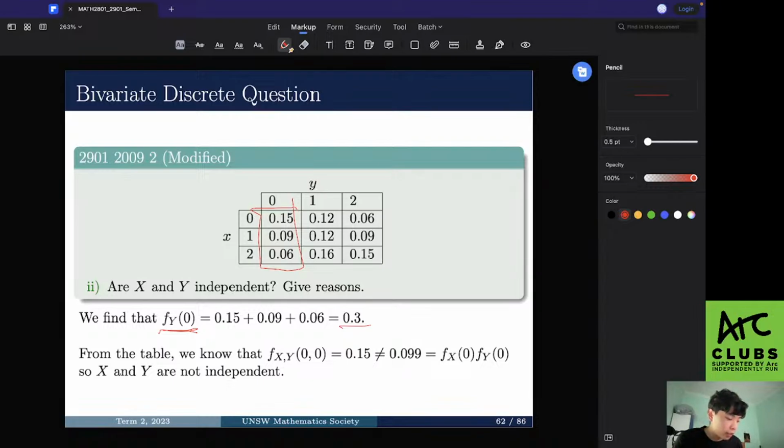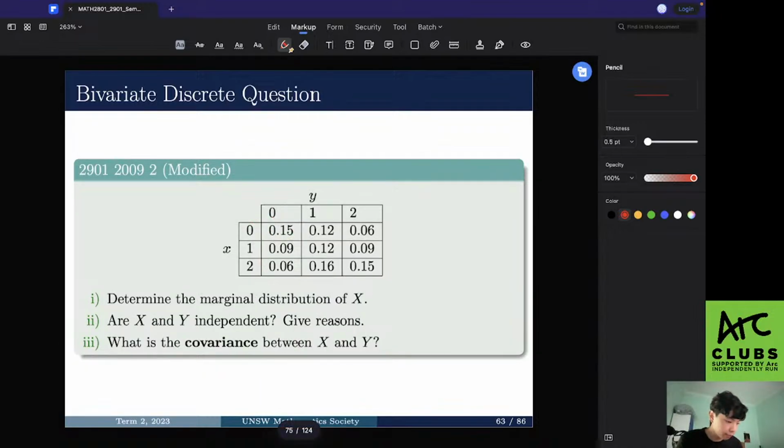Now, we know that the probability to get a 0, 0 is 0.15 from the table, but then we know that f of x0 is actually equal to 0.33, and f of y0 is 0.3. If we multiply them, we get 0.099. This is obviously not 0.15, so we can say, no, this is not independent.